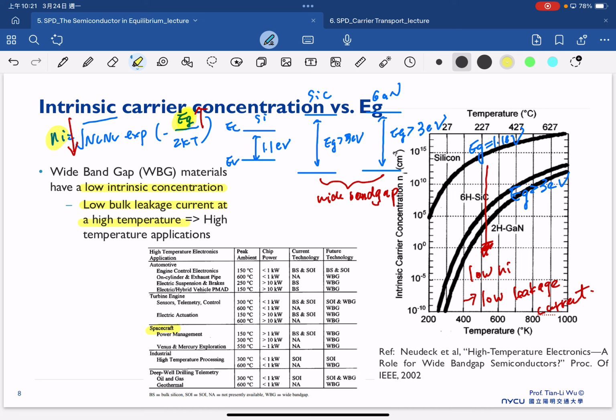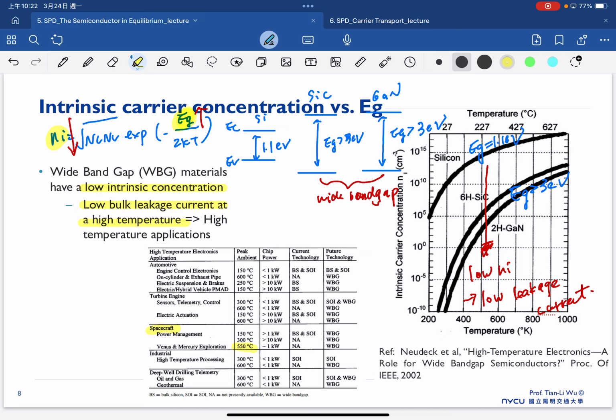In a space environment on a different planet, not every planet is like the Earth with a good temperature range, always below 50 Celsius degree. Other planets like Venus always have a very huge temperature range, up to more than 300 Celsius degree, or even 550 Celsius degree as shown here.